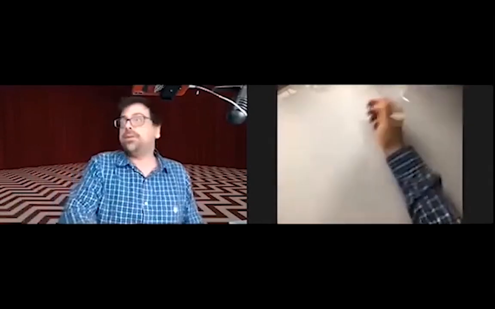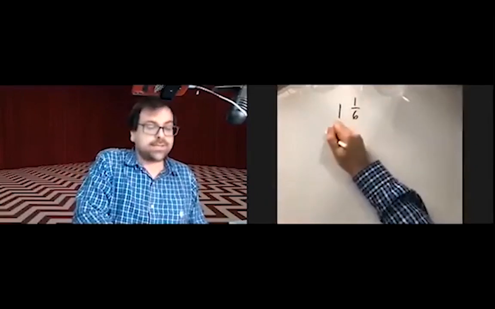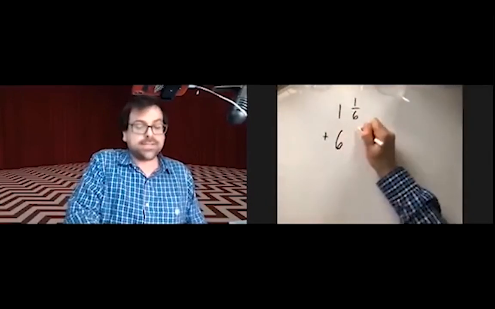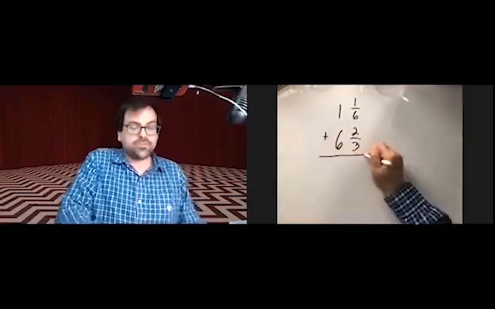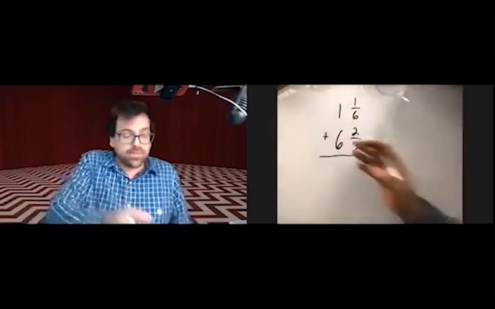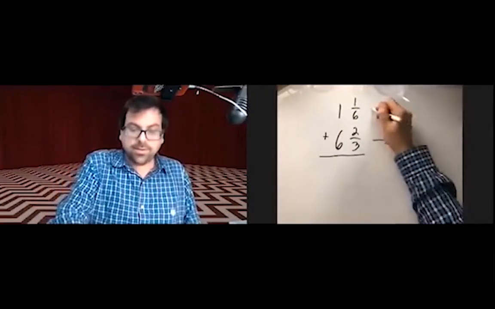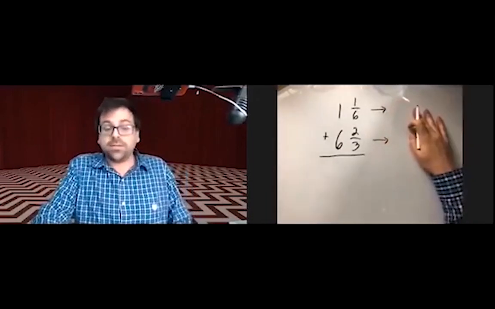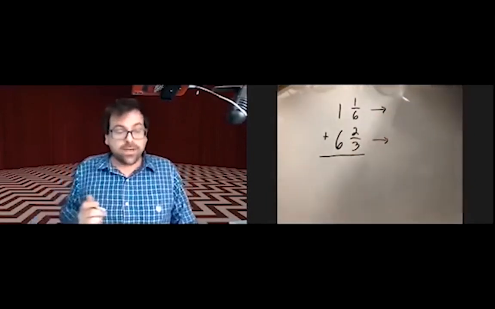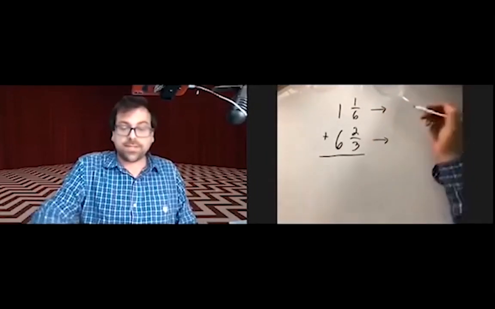Let's do another. 1 1/6 plus 6 2/3. This is written vertically, no difference than if it's written horizontally. This actually just gives us space over here to get our common denominators. So the common denominator for 3 and 6 would be 6.